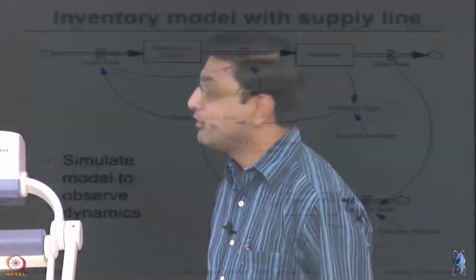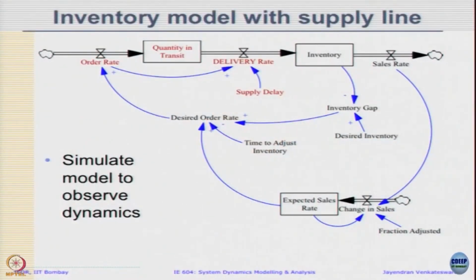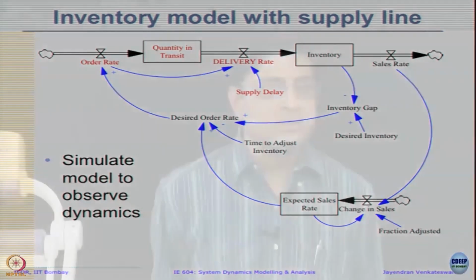Using the delay fixed equation. Go into your model, use delay fixed, and give the input as order rate, duration as supply delay, and initial value as, initially what should be the delivery rate? It is 0. Initially sales rate is 0, so we will assume delivery rate is also 0. Then initial quantity in transit will also be 0. So the first 5 days nothing happens, so there is no reason why we should keep delivering, it is all 0.